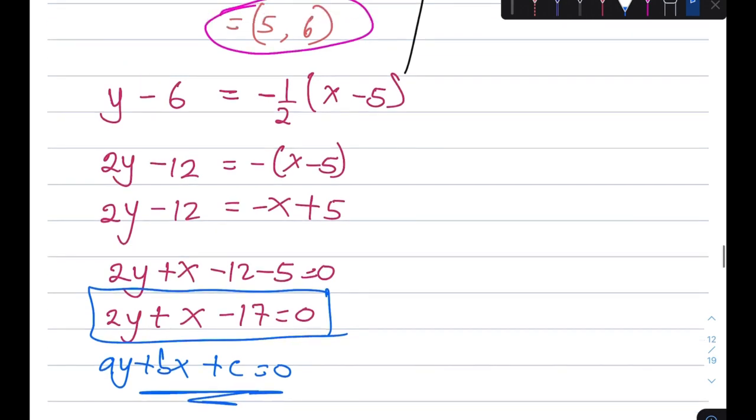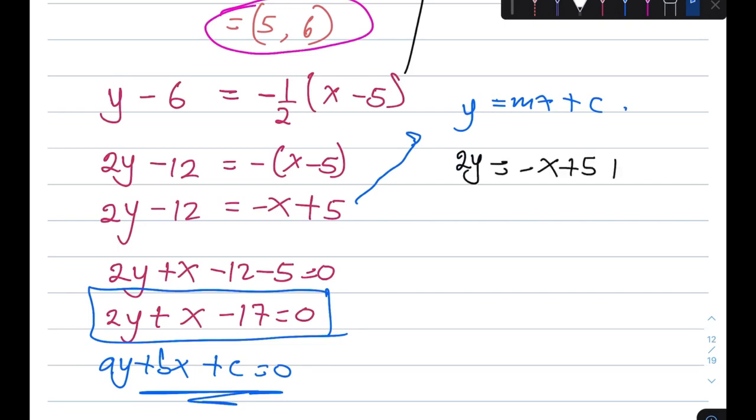But if they want you to leave your answer in the form y equals mx plus c, then when you got here, what you would rather do is to write 2y is equal to -x plus 5 plus 12. Then you have 2y is equal to -x plus 17.